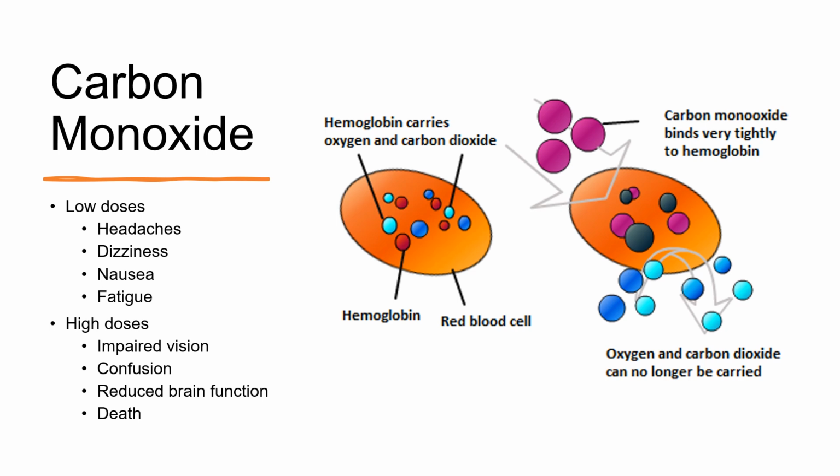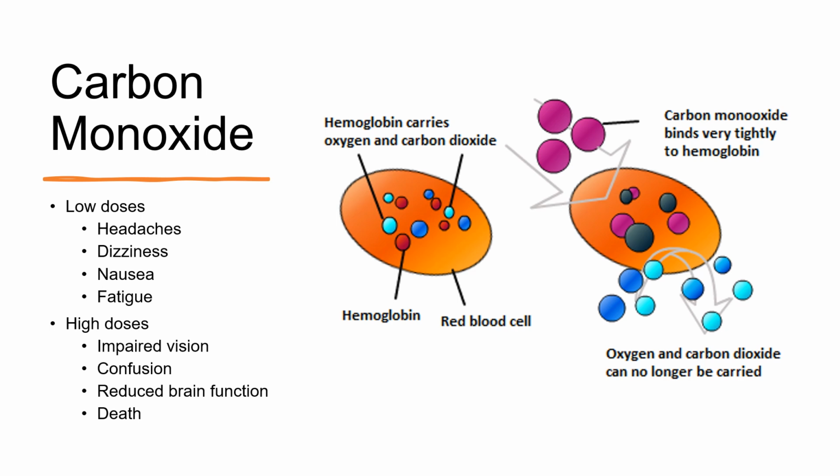This is really due to the mechanism of action of carbon monoxide in the body. Once it enters the body, it combines with hemoglobin in the blood. It binds very tightly to hemoglobin, and this produces carboxyhemoglobin, which causes inefficient oxygen delivery to organs and tissues.